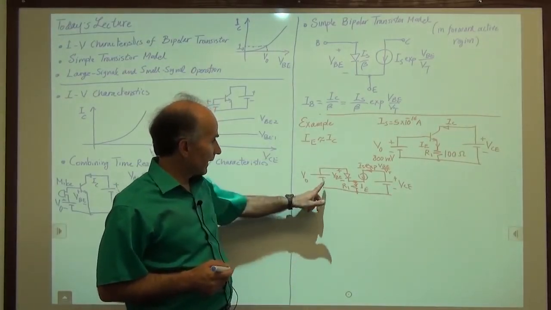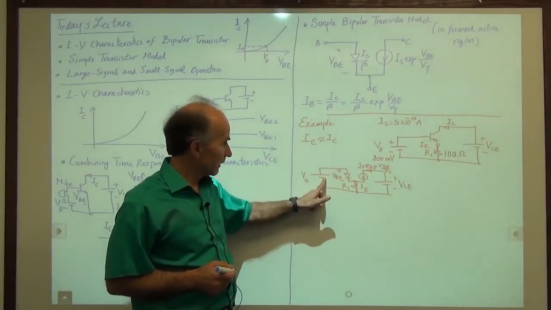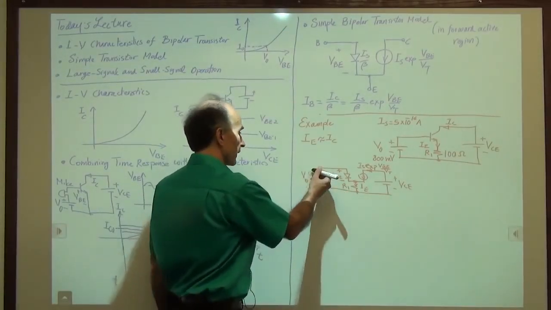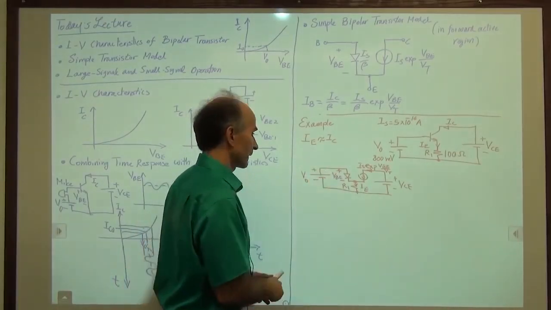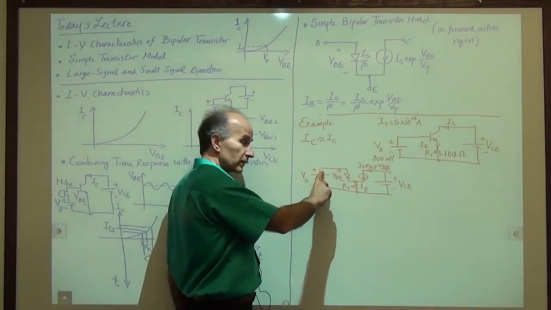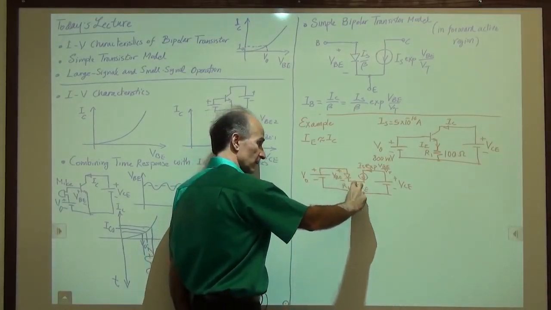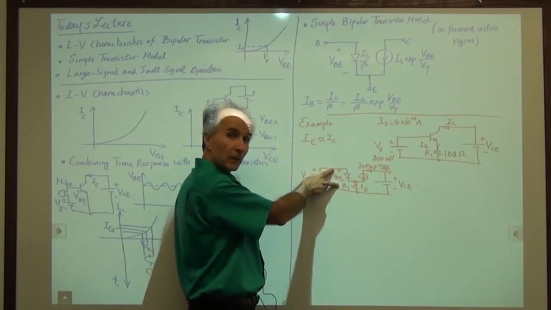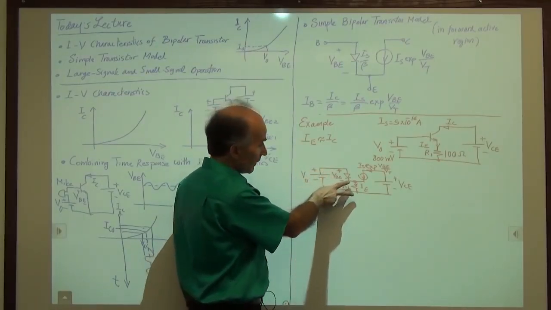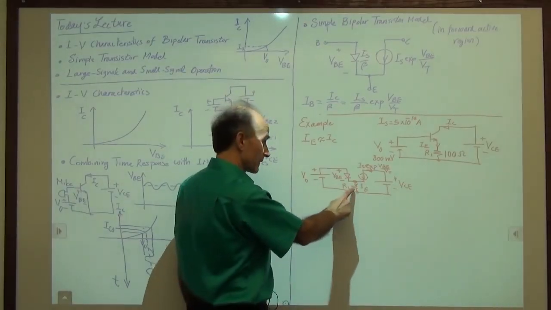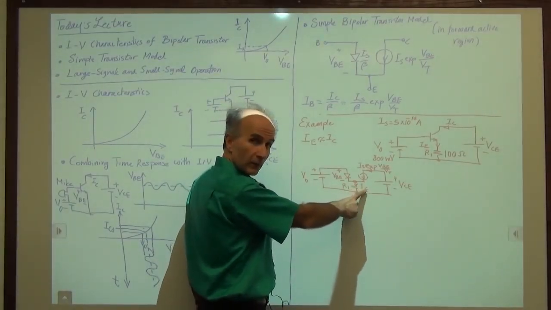Well, let's write a KVL around this loop. So KVL says that this voltage is equal to this voltage plus this voltage. This voltage is called VBE. We keep it like so. This voltage is equal to the resistance times the current through it.